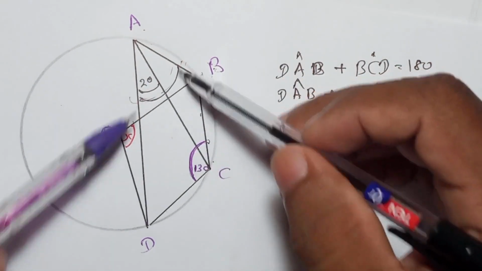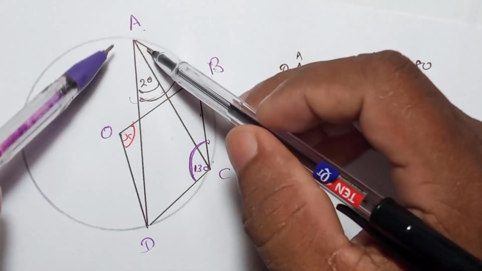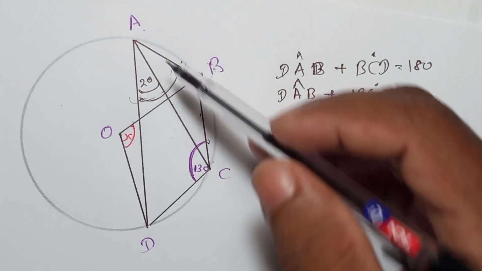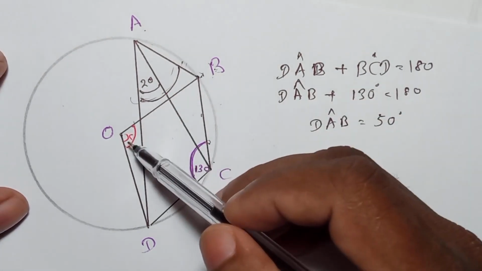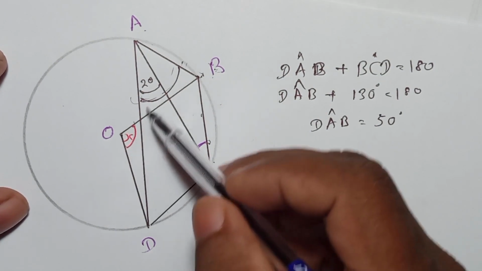So if this is 50, this should be 100, right? That's the theorem: the angle at the center is twice the angle at the circumference.